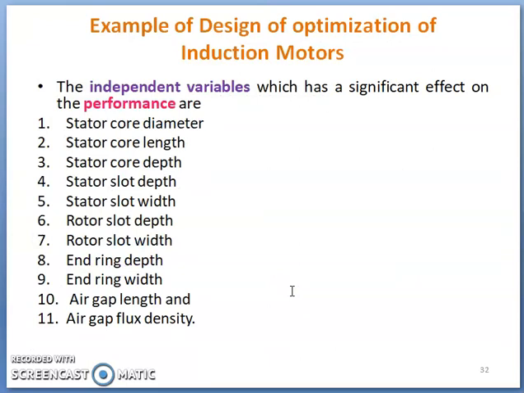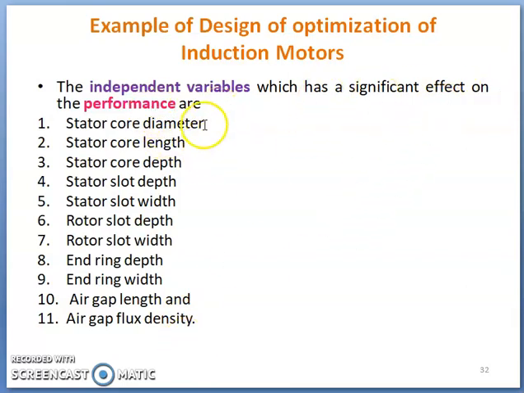Let us take one example of design optimization of an induction motor. While designing an induction motor, the designer has to consider so many variables. If we consider these 11 variables as independent variables, then definitely these independent variables will affect performance.